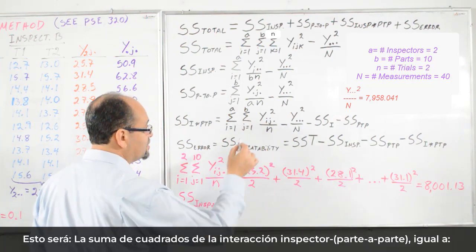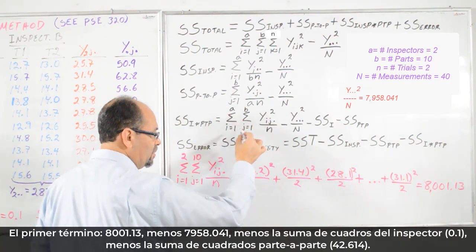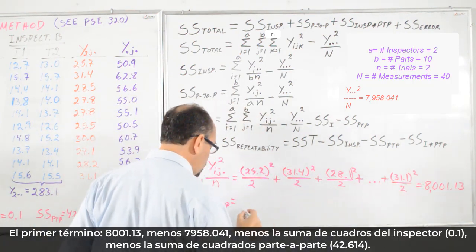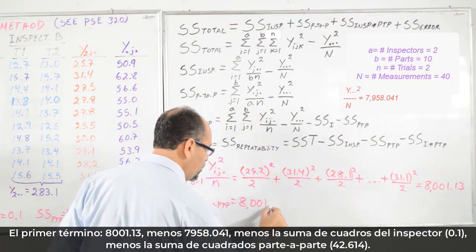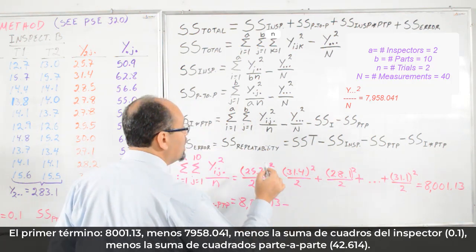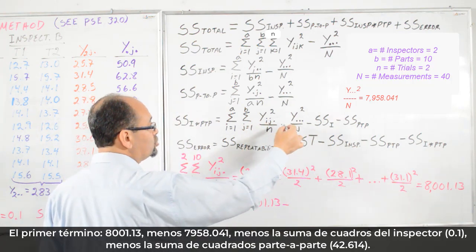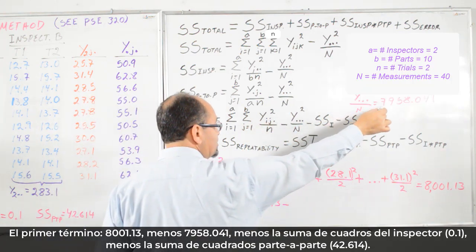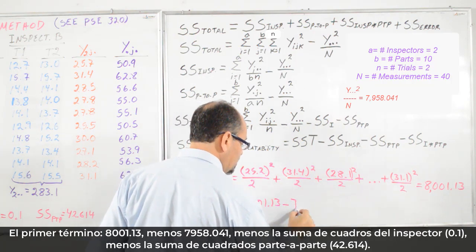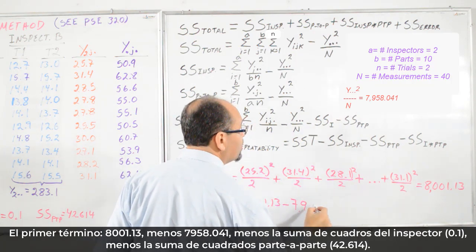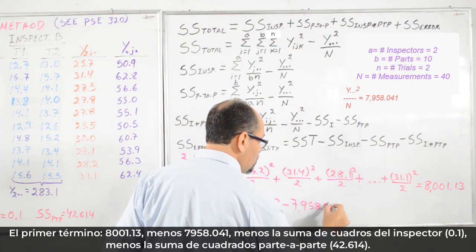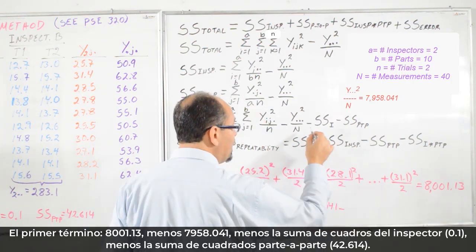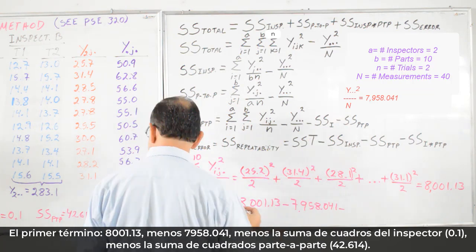And that will be sum of squares of inspector times part to part. And that is the first term, which is 8001.13, minus, well, this term, which is 7,958.041, minus the sum of squares of the inspector.